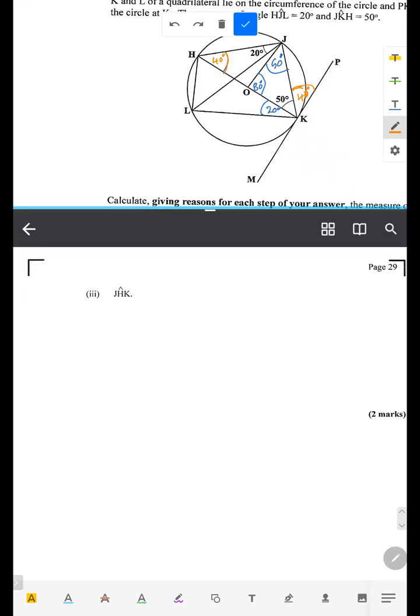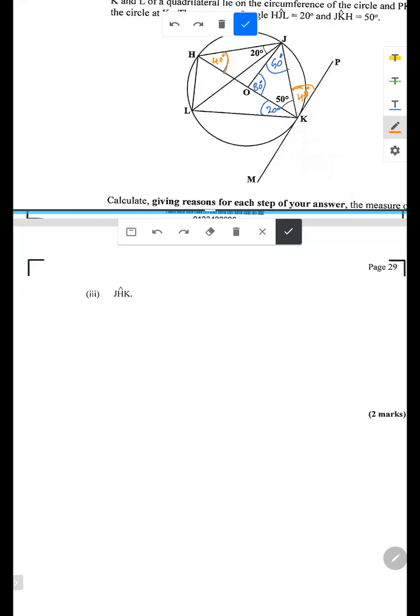Firstly, let's go step by step. The angle outside here between the tangent and the chord, angle JKP, is equal to 90 degrees minus 50 degrees, which is 40 degrees.